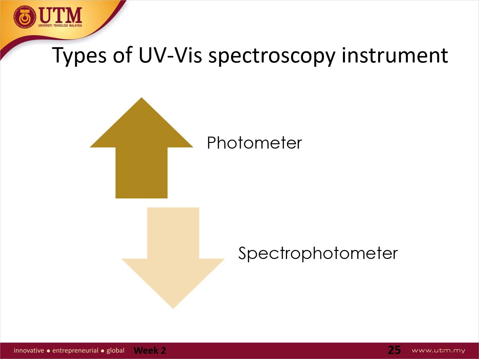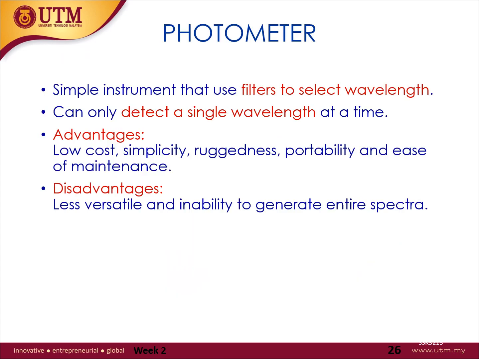The types of UV-VIS spectroscopy, we have photometer and spectrophotometer. Both have the same principle, but the difference is the component in the filtering of radiation. Photometer is a simple instrument that uses a filter. Dia cuma guna filter je to select wavelength.